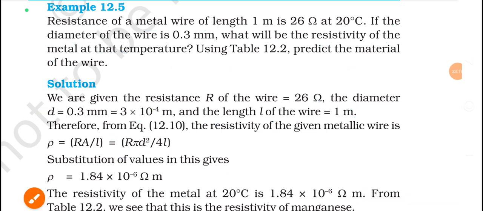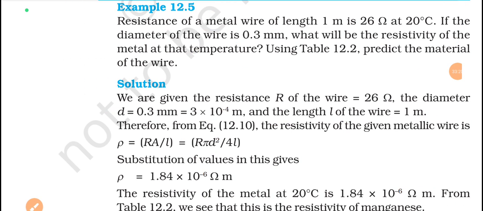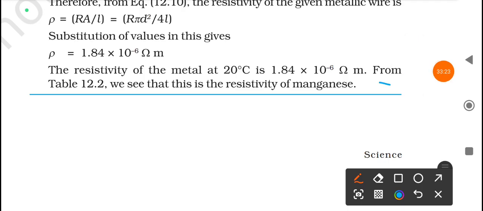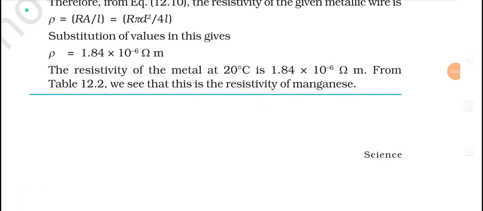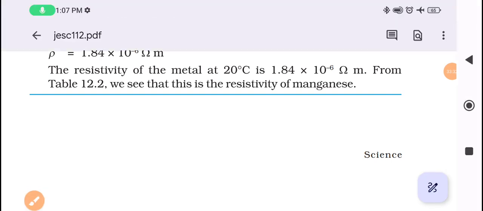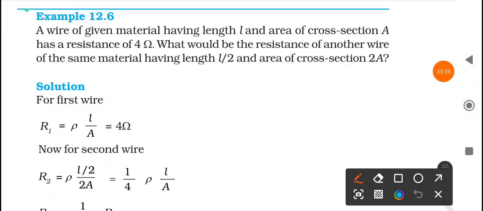The resistivity of the metal at 20 degrees Celsius is 1.84 into 10 to the power minus 6 ohm meter. From table 12.2 we see that this is the resistivity of manganese.